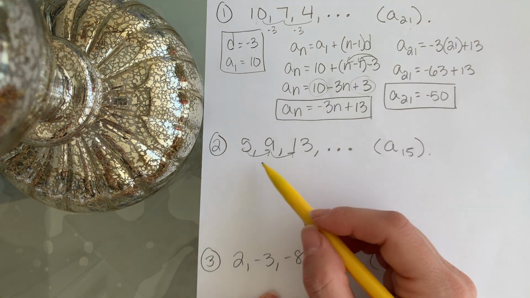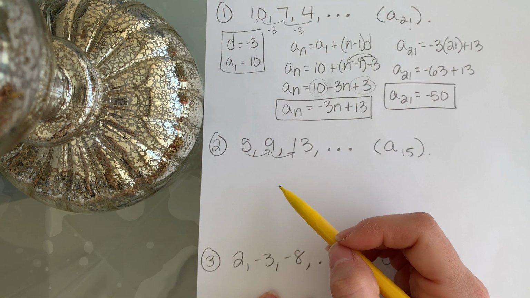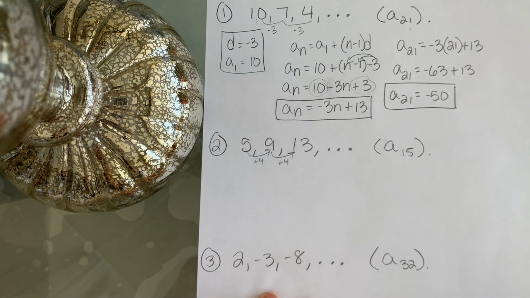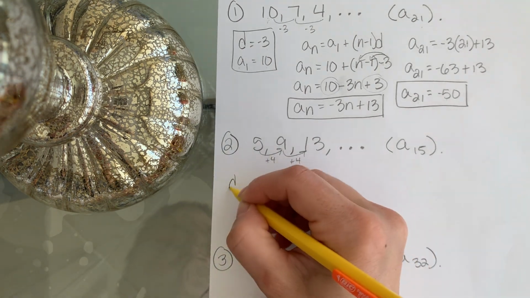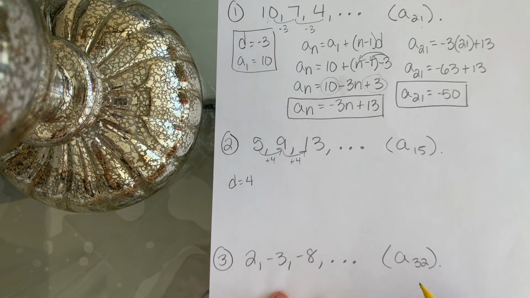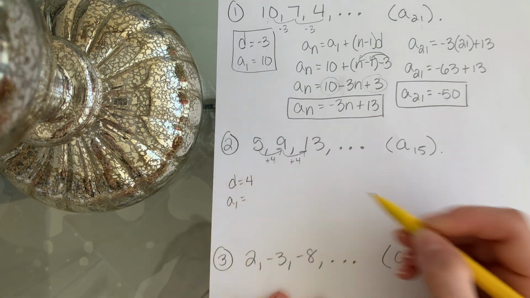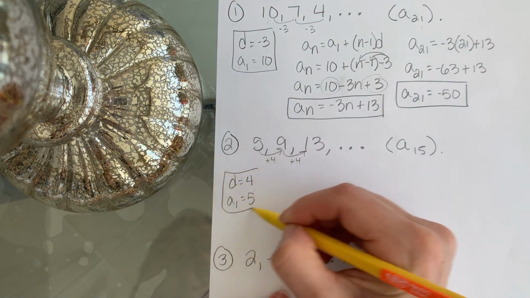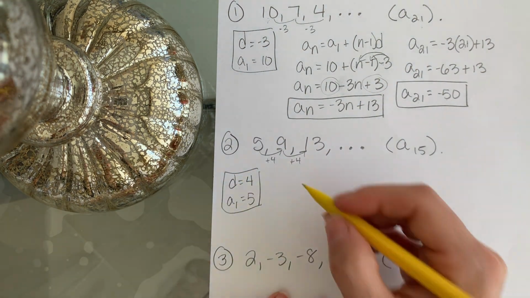So that means we're going to be adding a number in some way. And that would be by adding 4. So your d, your common difference, is +4. You also need your a sub 1, which means your first term in the sequence, which is 5. These are the two pieces you need for your formula.